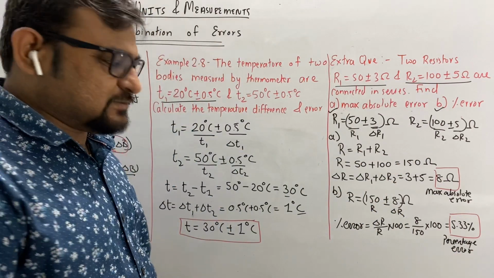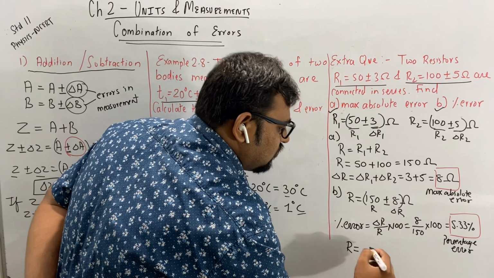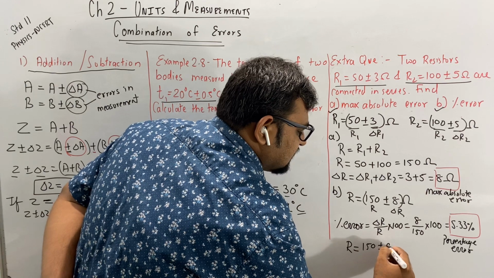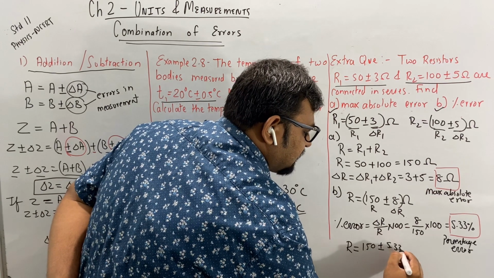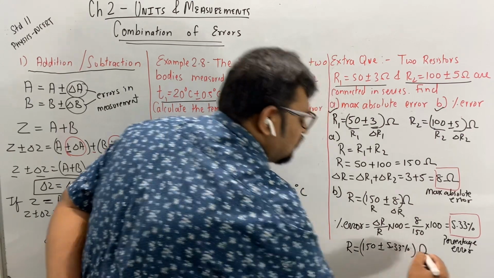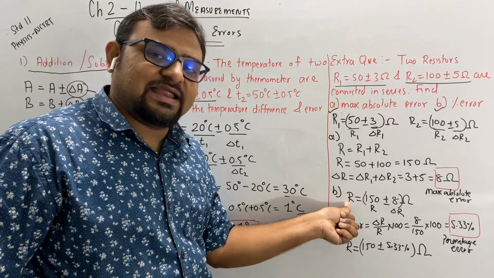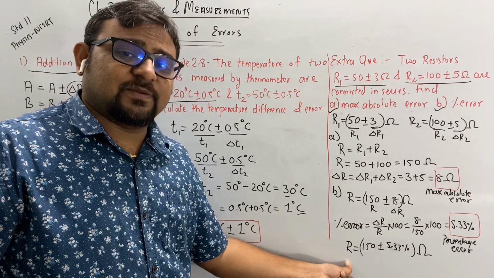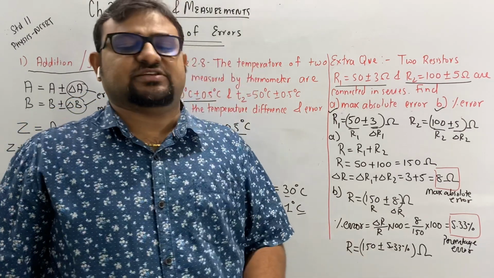So I can express this as R equal to 150 plus minus 5.33 percent ohm, right? The earlier form is expressing the equivalent resistance in terms of absolute error, and this is representing equivalent resistance in terms of percentage error.